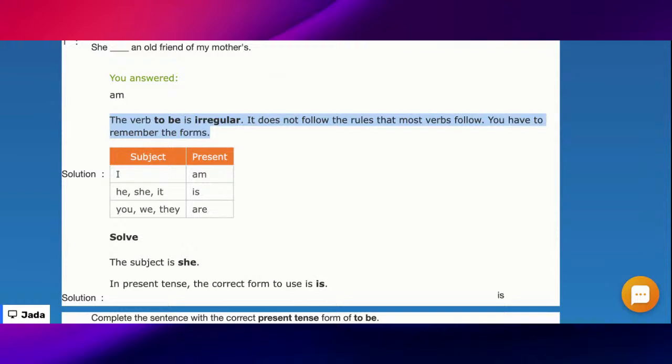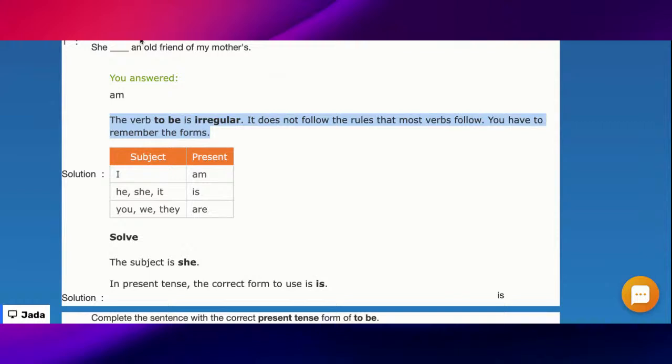If you know the irregular verbs, for example, keep, kept, come, came, go, went, meet, met, all these are like the to be verbs in the irregular form.